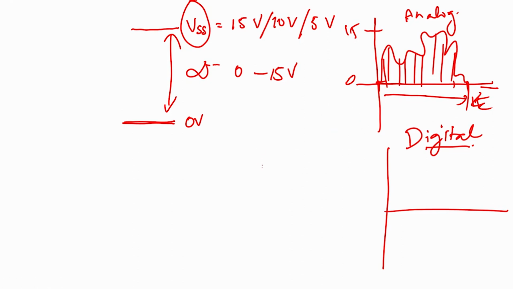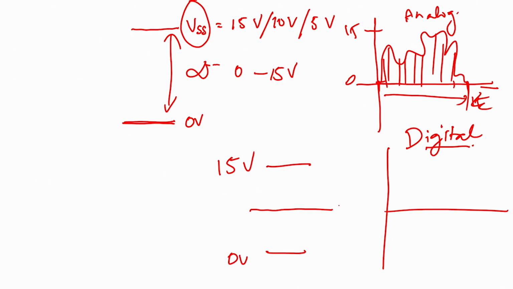So let us say we again have 0 to 15 volt as the range of values that your system or your board or your circuit has as input. In the digital domain, what we do is we set a threshold value. This is a very crude way I am telling you, this is not exactly how things are implemented in products, but this is how you should understand things so that it all comes to you naturally.